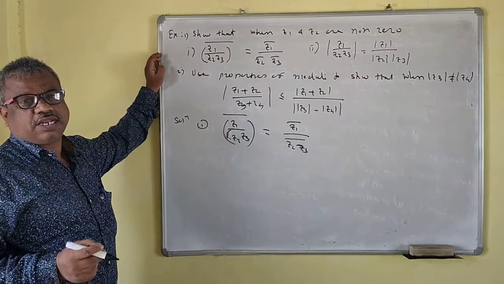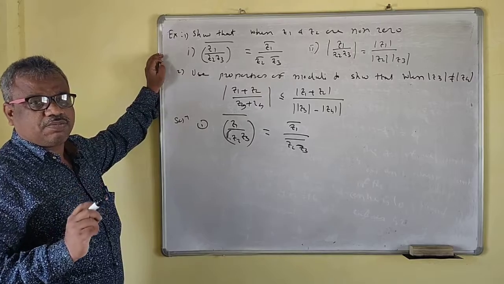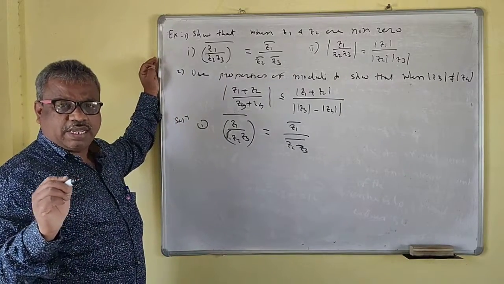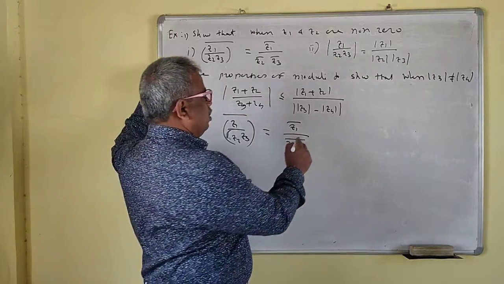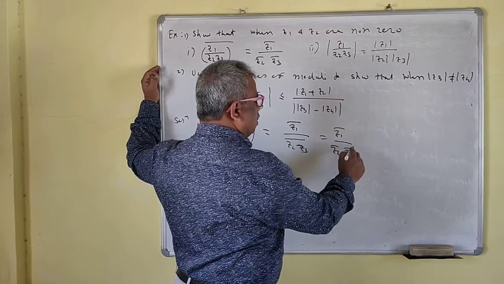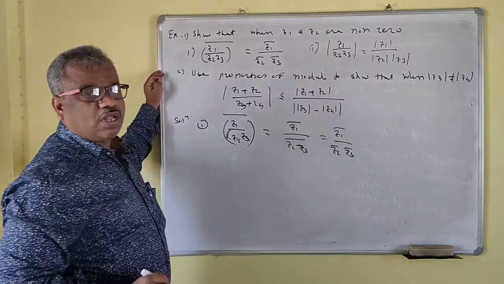Because we have seen that Z1 upon Z2 whole bar is the same as Z1 bar upon Z2 bar. We have also seen that Z1, Z2 whole bar is the same as Z1 bar into Z2 bar. So this is very simple now. This is Z2 bar, Z3 bar. Okay, so we have solved the first one.